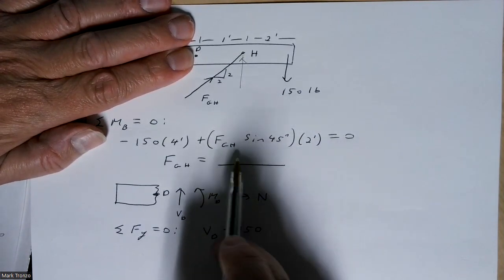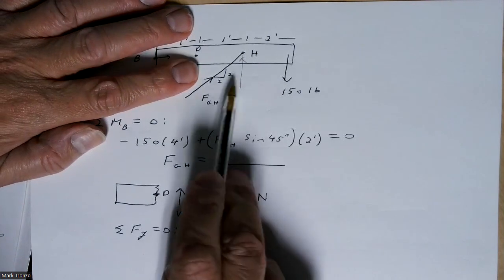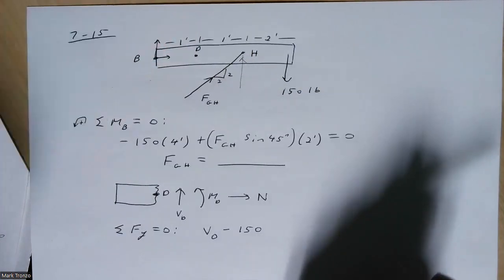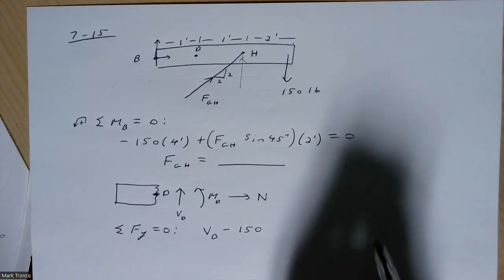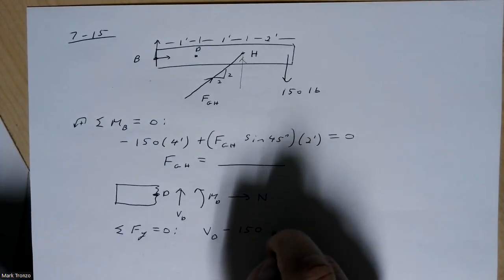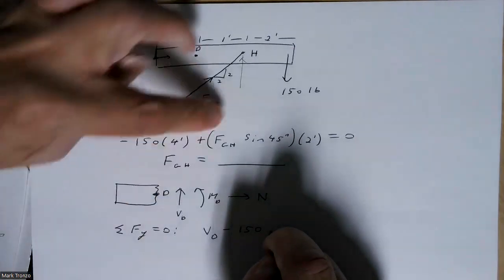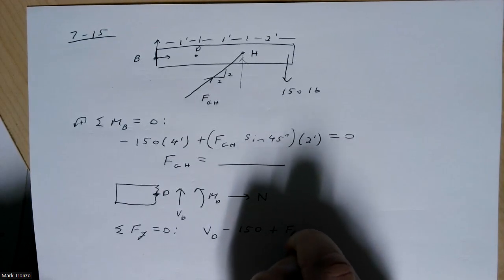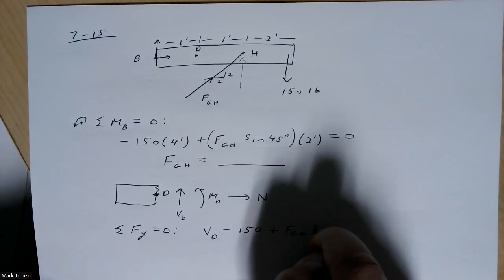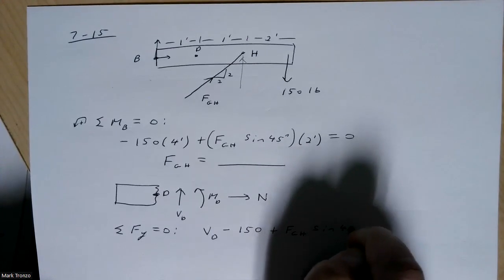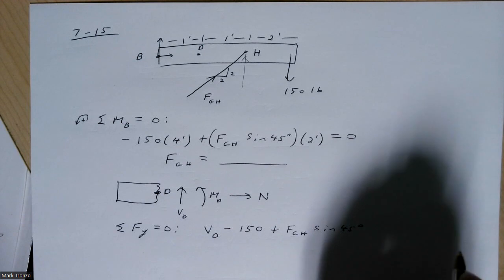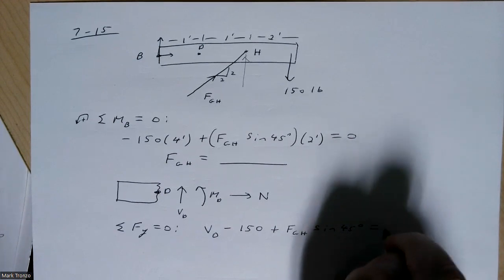And then we're going to have the FGH in this direction here. And again, that's going to be the cosine. Excuse me, it'll be the sine again, won't it? So it's going to be plus FGH sine 45 degrees, and set that equal to 0.